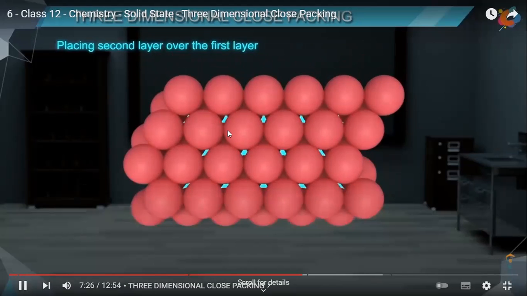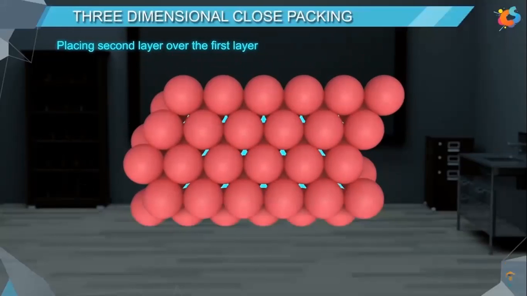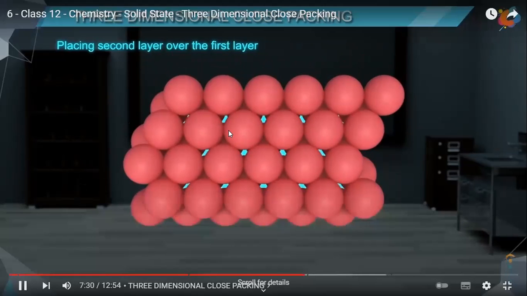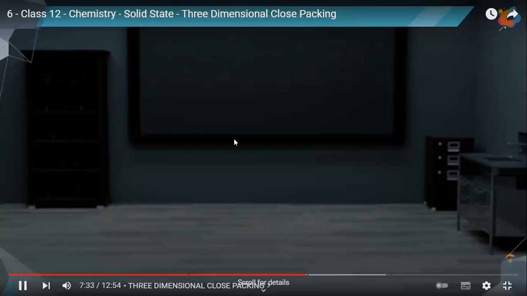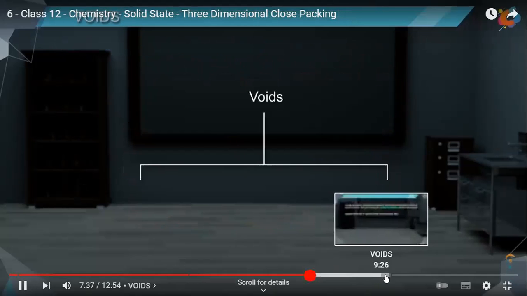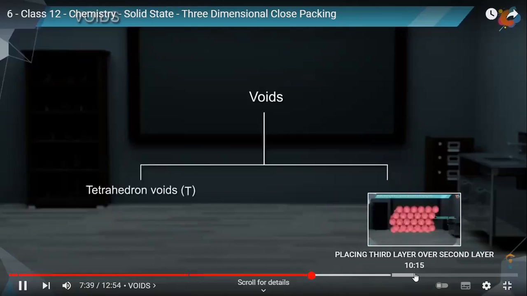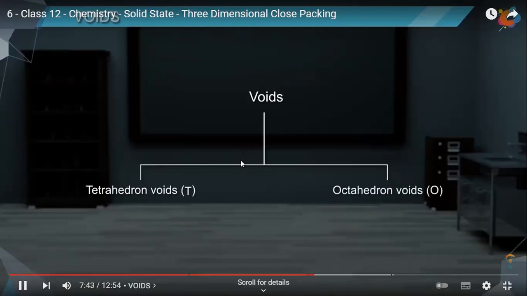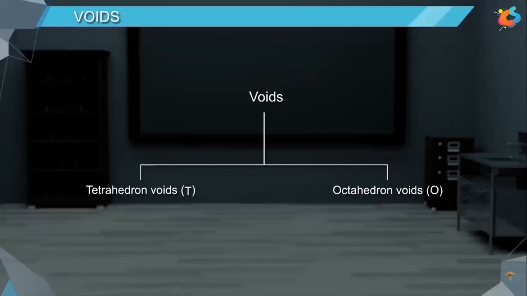This gives rise to a different arrangement and different voids. There are two types of voids: tetrahedral voids, denoted by T, and octahedral voids, denoted by O.